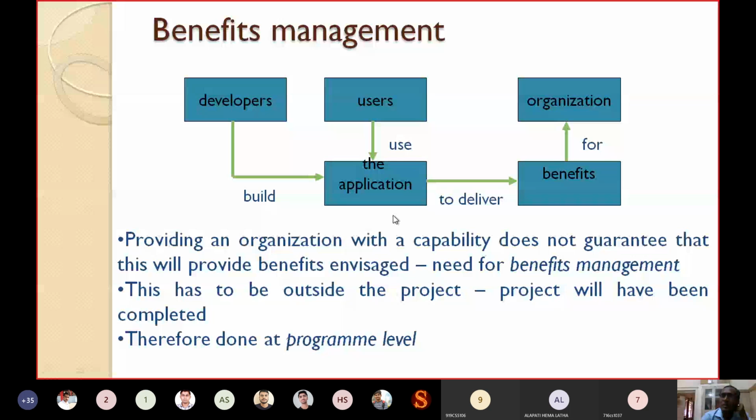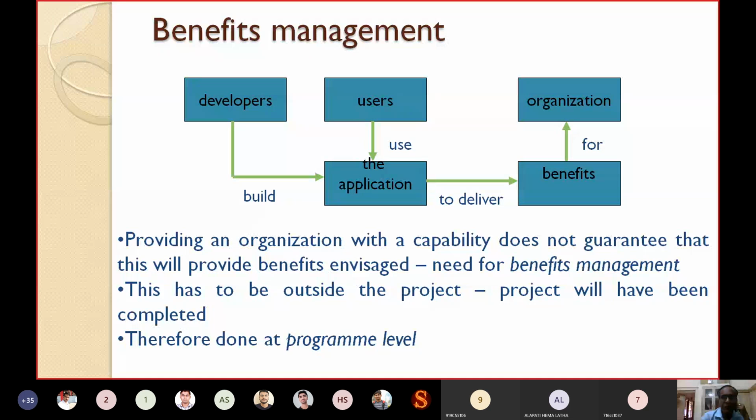For the organization. So the objective is how to get maximum benefit. In order to know how we can get maximum benefit, we should know about benefits management.